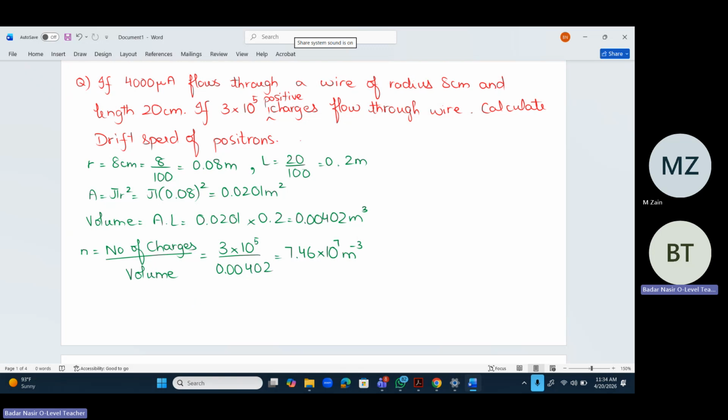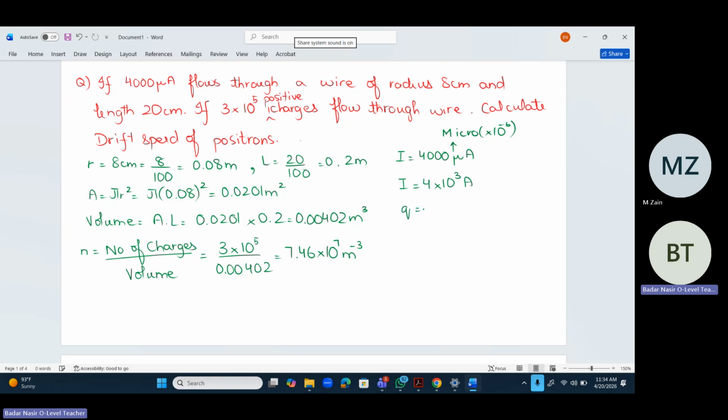Now we know we have to find out drift speed. So current is given as 4000 microamperes. For micro, we multiply it with 10 to the power minus 6. So it's going to be 4 times 10 to the power minus 3 amperes.